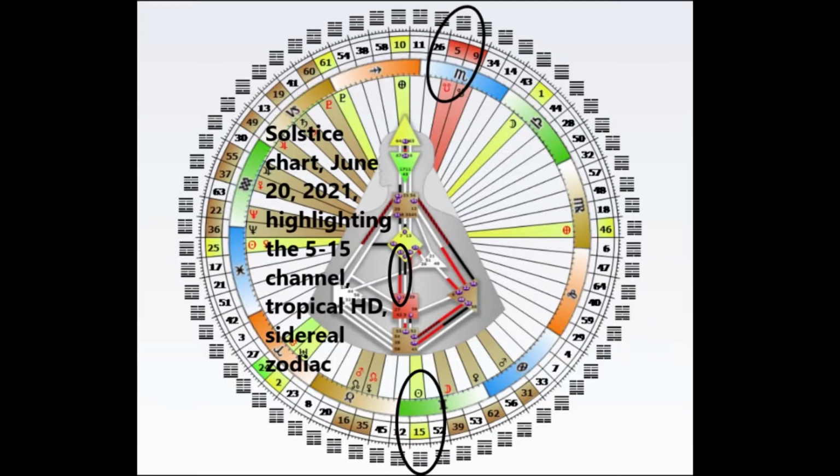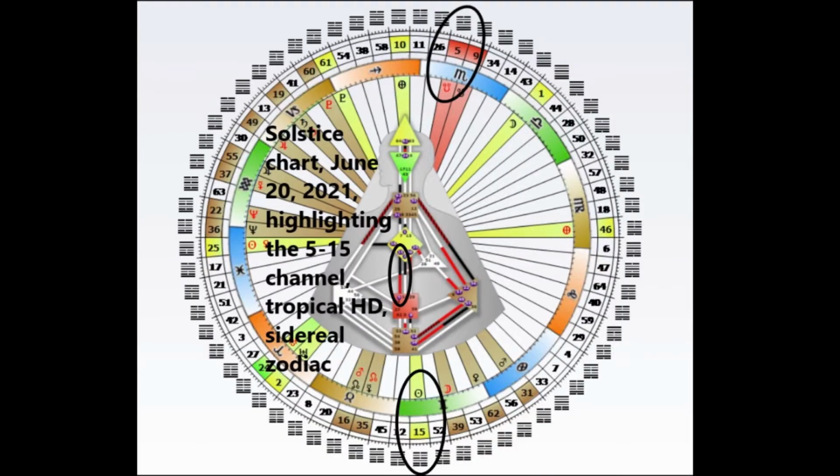But the channel that is defined with this solstice chart is the 5-15, formed by a definition in both of those gates. And as I've been talking about before, when you have that full channel defined, it will be colored in red, black, or a combination of those.